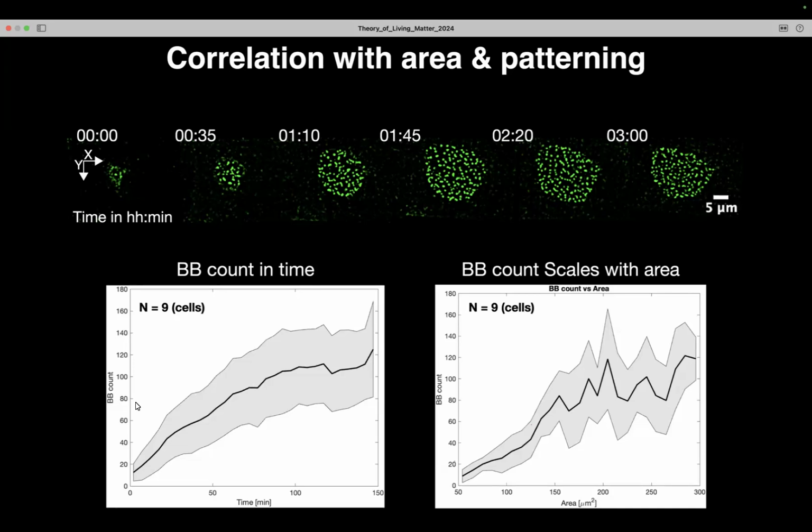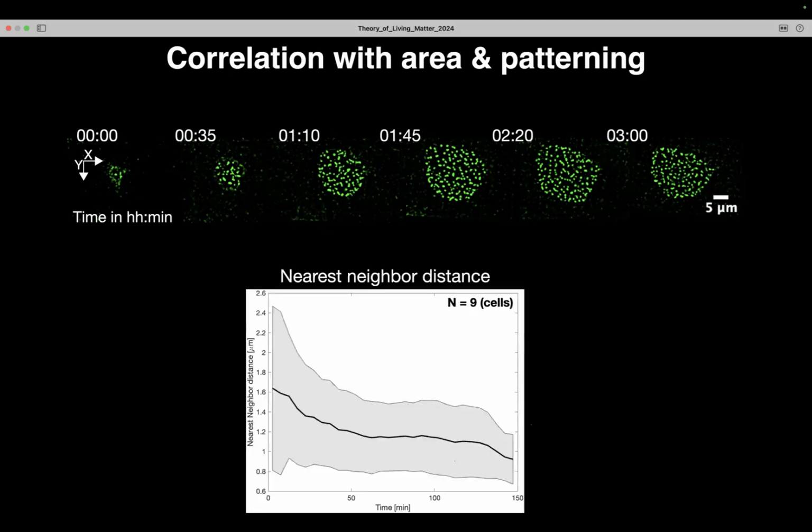For example, here, if we plot the number of basal bodies, BB in short, on the y-axis against time, so within the expansion of the apical domain, 150 minutes in that case, we see that as the apical domain is expanding, the number of basal bodies is increasing. If you then plot, on the right-hand side, the number of basal bodies against the surface area of the apical domain, you see a very nice, almost linear correlation between these two parameters.